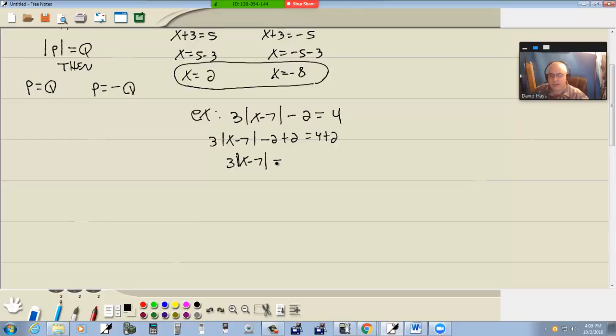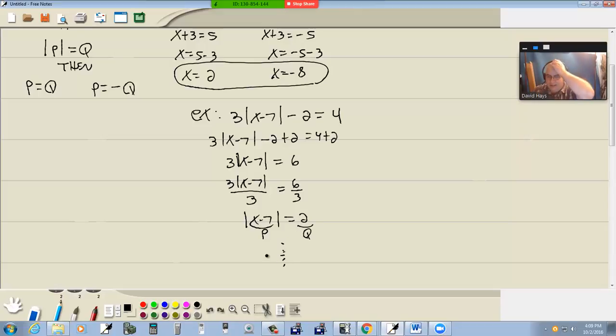Negative 2 plus 2 cancels. 4 plus 2 is 6. Now the opposite operation of this is division, because that's multiplication. That's 3 times the absolute value. So I divide both sides by 3. And we get the absolute value of x minus 7 is equal to 2. And then at this point, this is your p and this is your q, and you do the same thing as that previous problem.